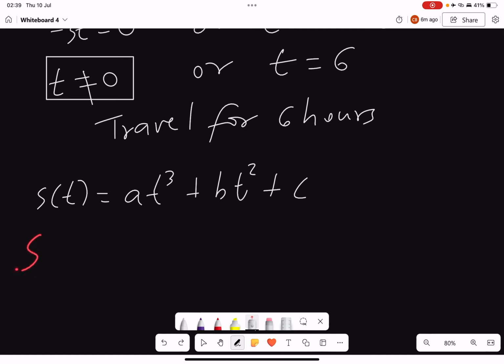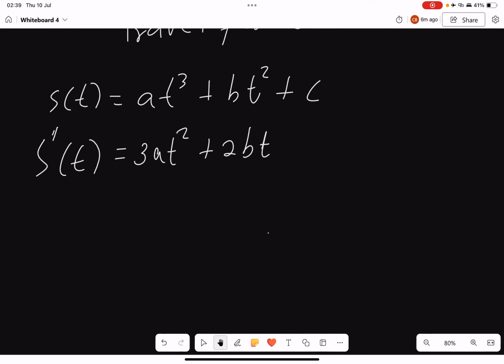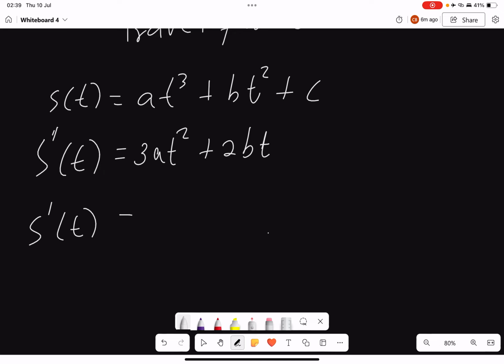Now, s derive of t, which is basically our speed, is 3at squared plus 2bt. Do you see it? And then we're going to have s at t aligned to the original one, which is minus 3t squared plus 18t.